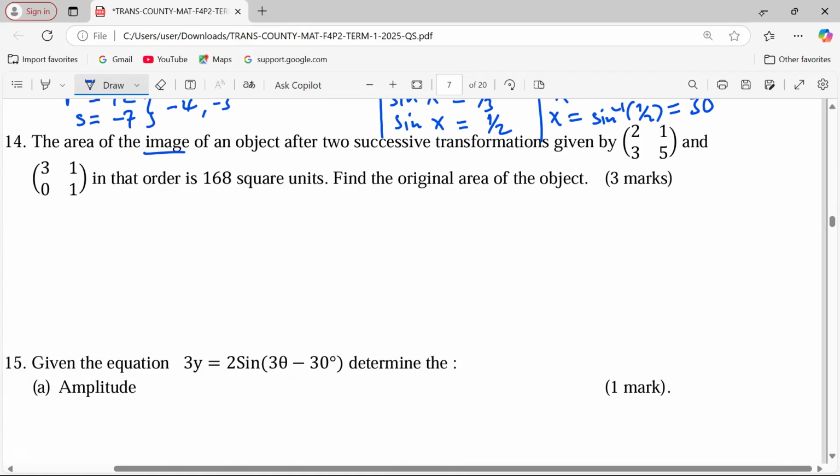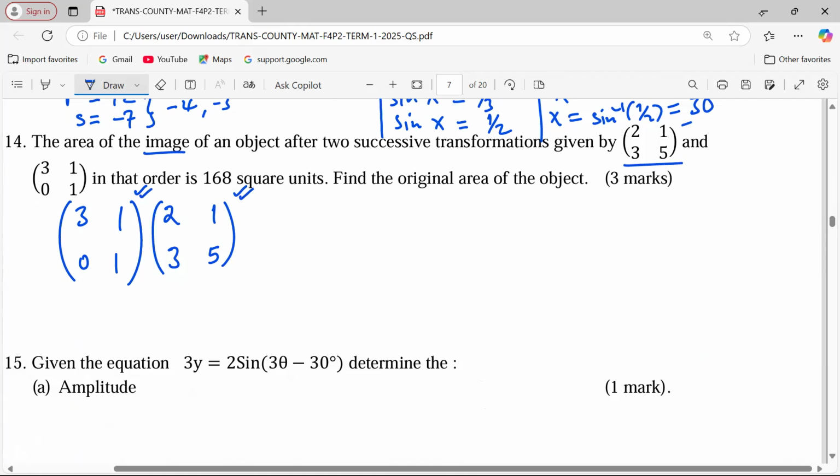We're supposed to know that if this matrix was performed first, then it will be written as 2, 1, 3, 5. And if the second one was performed last, it will be written here 3, 1, 0, 1. That is what you're supposed to know. If I write two matrices this way, it means this one was performed first, followed by this.